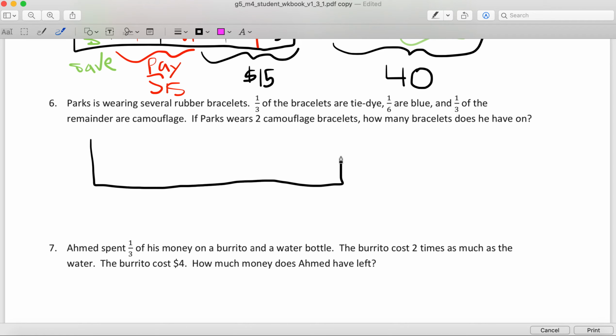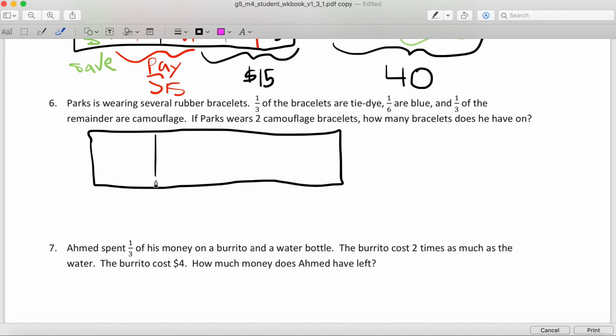You might want to watch this before you write it down. Let's divide this into 6 parts. I'm going to do the 3 first and then show you the 6.